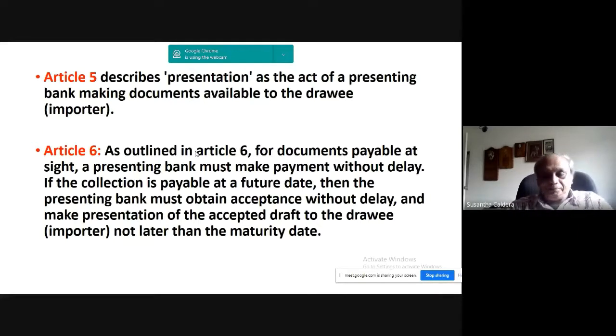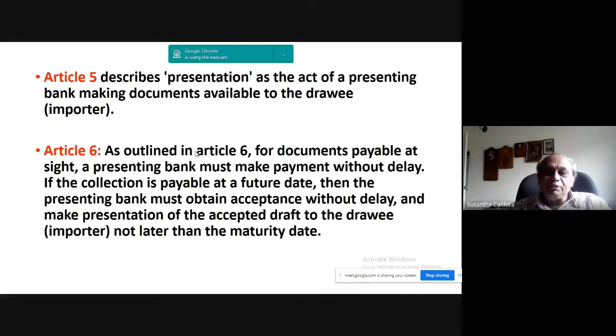Article 6. As outlined in Article 6, for documents payable at sight, a presenting bank must make payment without delay. Right? The moment you deliver the documents at sight, you have to debit the customer and effect the payment.